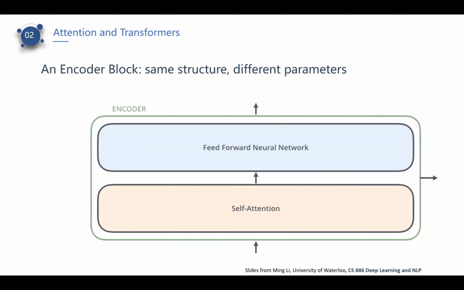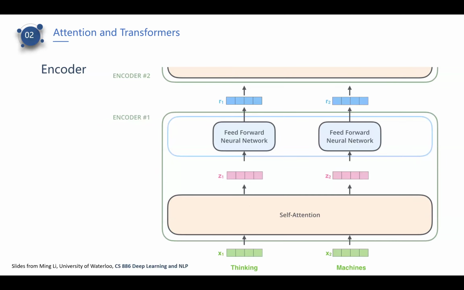Now let's go into detail. Each block will have self-attention and a feed-forward neural network. Self-attention we explained. Let's say we have a very simple sentence, "thinking machines."